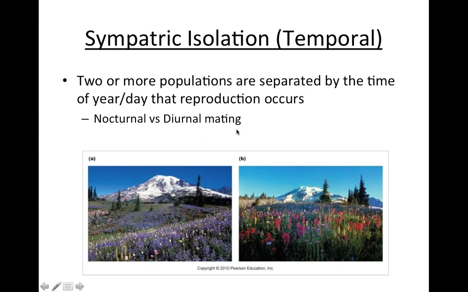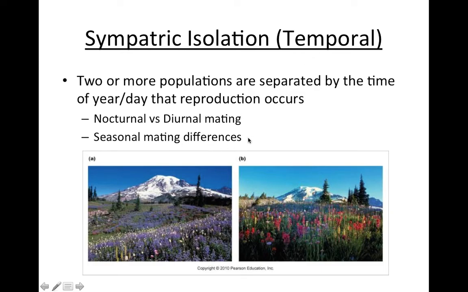So that would create two different groups. The ones that had the genetic mutation to have better eyesight at night might prefer mating at night. So nocturnal versus diurnal, that just means at night versus during the day. That's all that means. So you might see those preferences occur in temporal isolation.